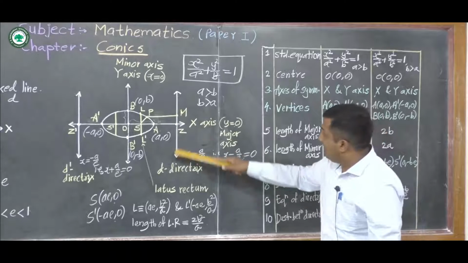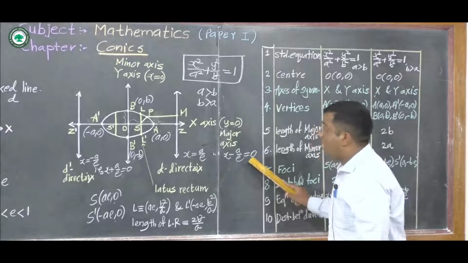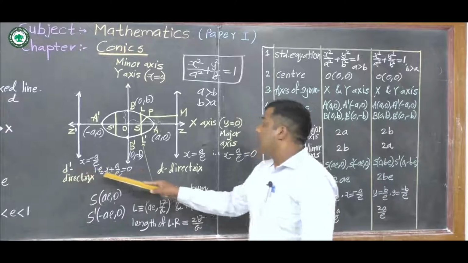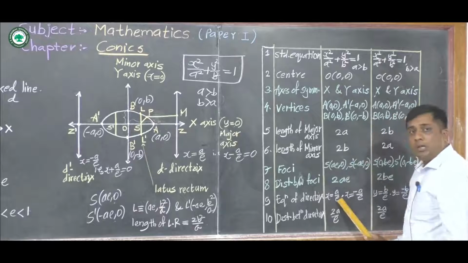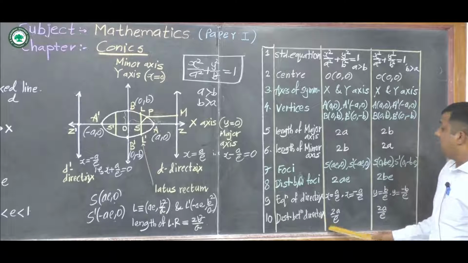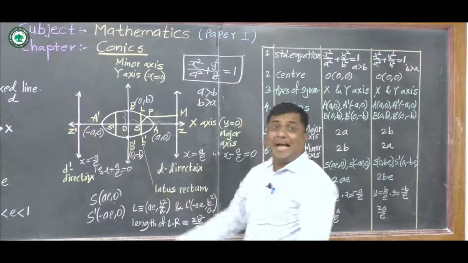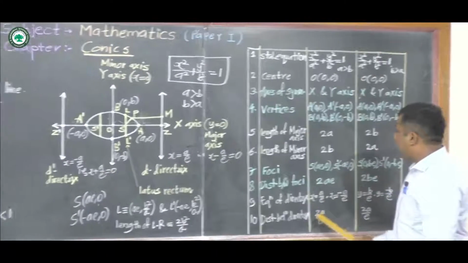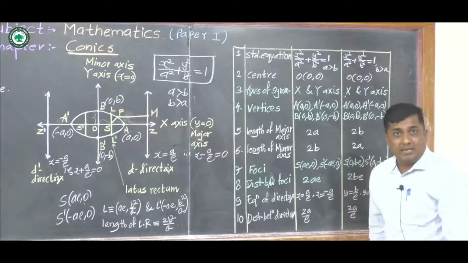The distance between these two directrices, between Z and Z dash, is twice a upon e.